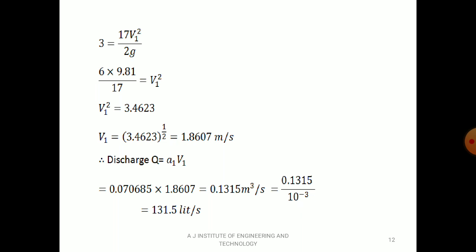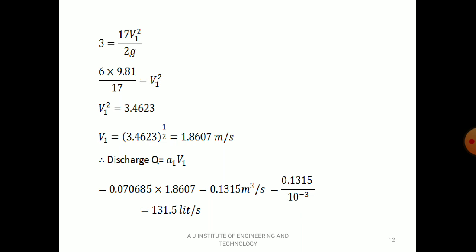So Q equal to A1 V1, A1 value is 0.070685, V1 is 1.8607. So 0.070685 into 1.8607, that is equal to 0.1315 meter cube per second. So there is a discharge. So you can again convert to liter per second, just multiplying by 10 to the power 3.